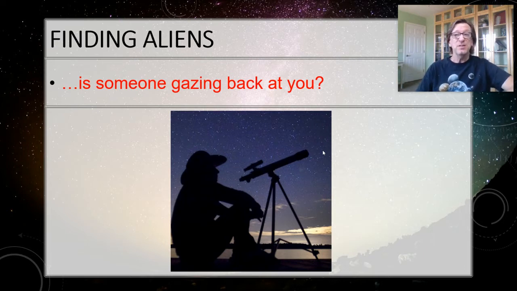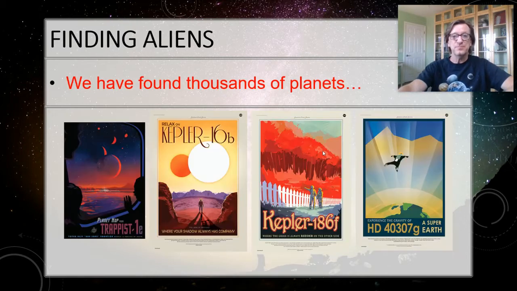And one of the things that we're going to do in this class is calculate how many intelligent, communicating, technologically capable alien civilizations there are in the galaxy. And for practically all of you, you're going to find that the answer is not one. Some of you may get a whole lot, some may get just a few, but almost nobody is going to find that there's just one.